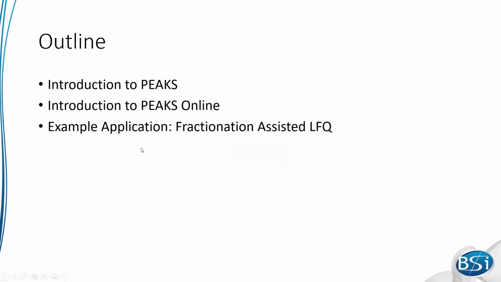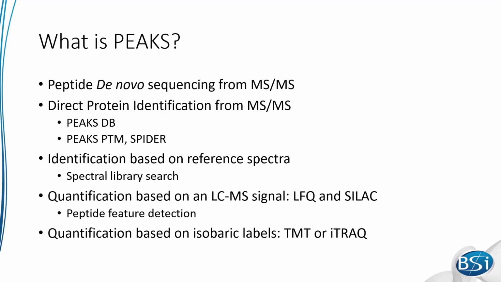First, I'm going to be talking about Peaks, the algorithms behind Peaks, and then I'm going to go into an overview of what Peaks Online actually is and what its advantages are for high throughput analysis of protein identification and quantification. Then I'm going to go through an example application of label-free quantification with Peaks Online.